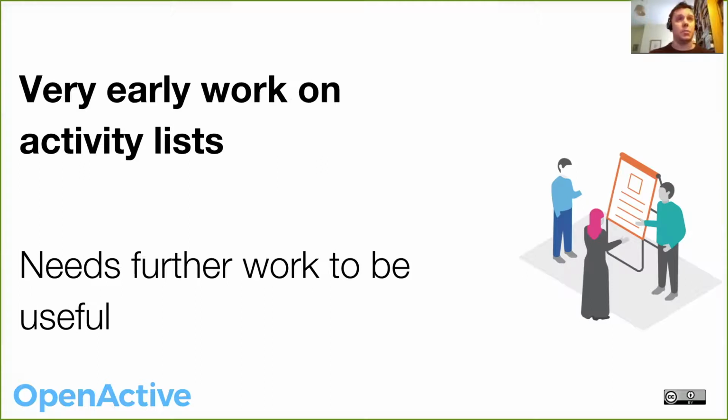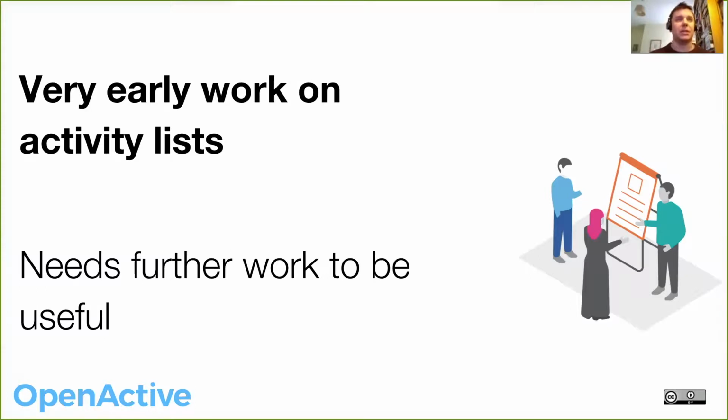We've done some work on trying to standardize activity lists, but it's still at a very early stage. We've encouraged a variety of different platforms and providers to share the lists that they have, so we can start to see the common approaches that people are taking to organize and describe activities. We've done some work to look at alignment between those lists and standardize how to represent them.